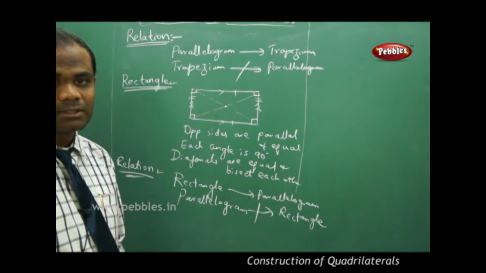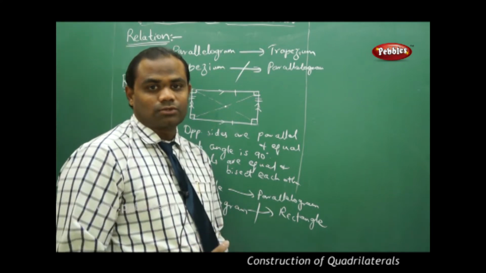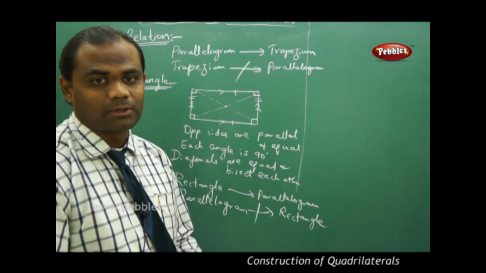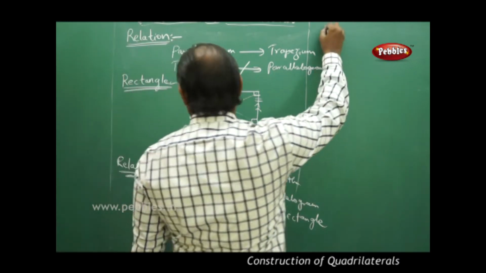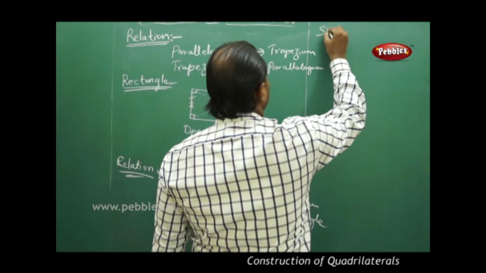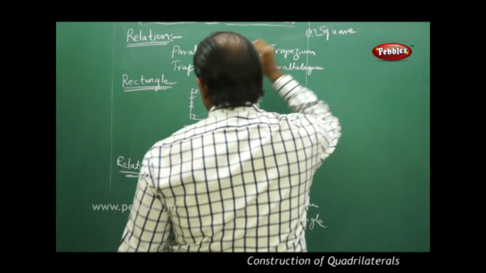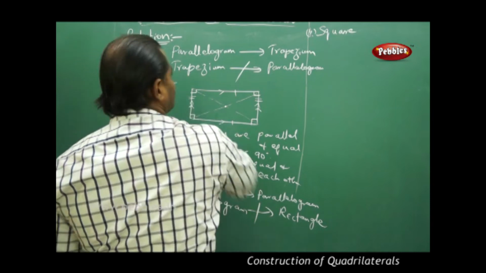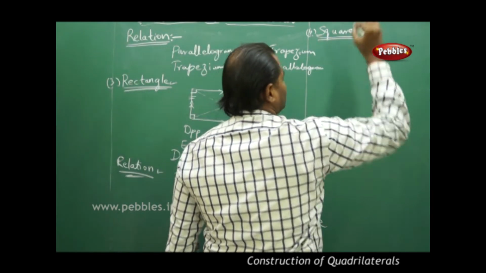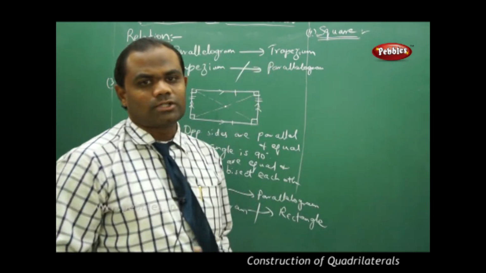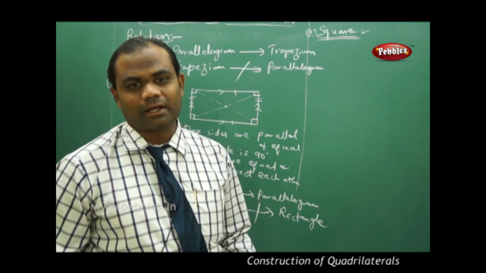Now next comes the square. We all know what a square is, so let's also see the different properties of a square. A square is a four-sided closed figure which is derived from a rectangle.